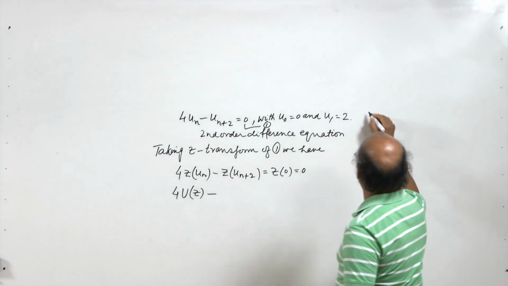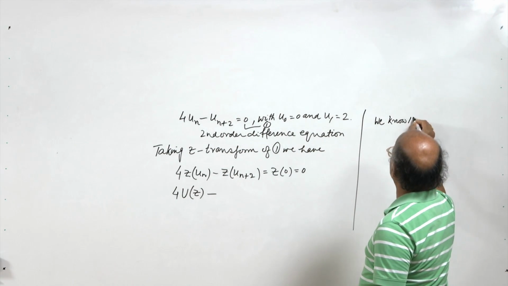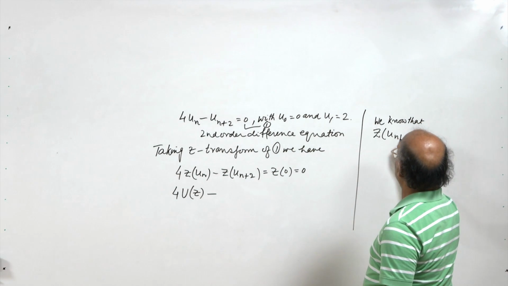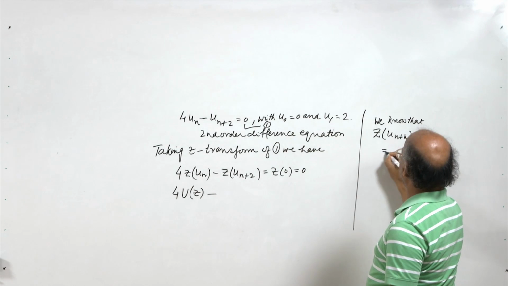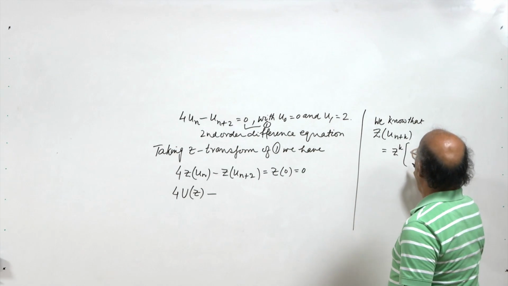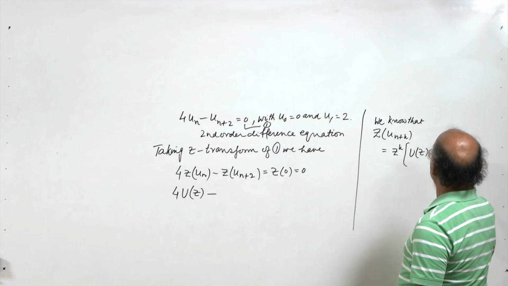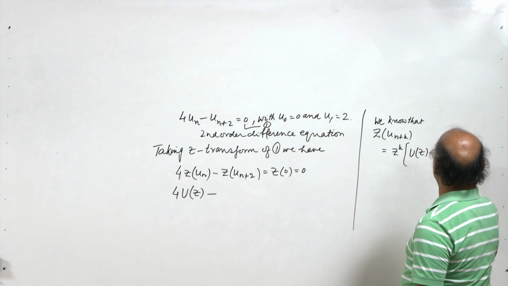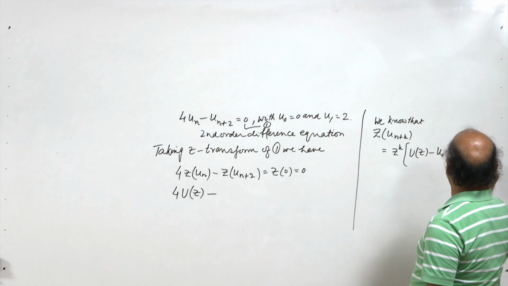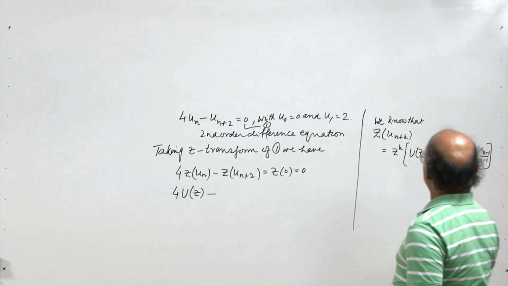We know that Z transform of un plus k, where k is greater than 0, is equal to Z to the power k times Uz minus u naught minus u1 by z and so on, minus uk minus 1 over z to the power k minus 1. So, let us apply this formula.